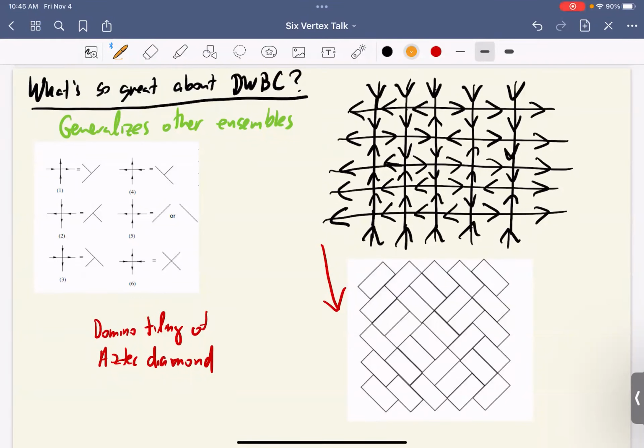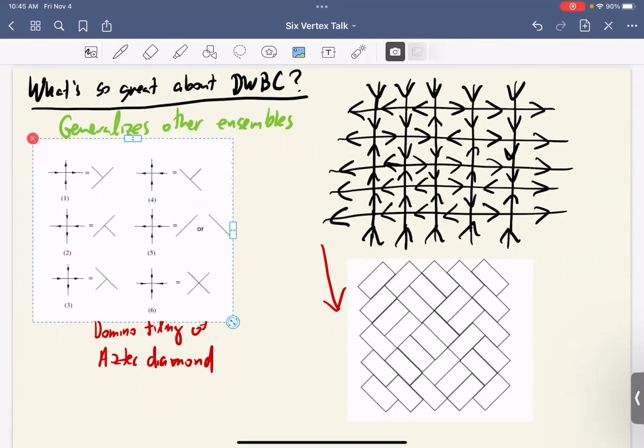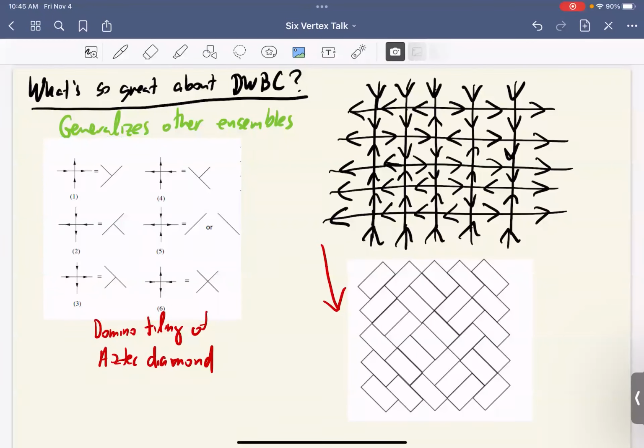there are other ensembles in combinatorics and probability, which are generalized by this six-vertex model with domain wall boundary conditions. So for example, let me make this a little bigger. If we use this rule here, where we replace all the type 1 vertices with a little shape like that, and all the type 2 vertices with this shape.